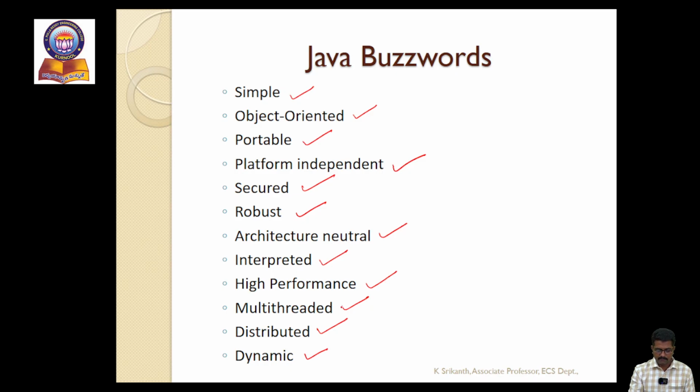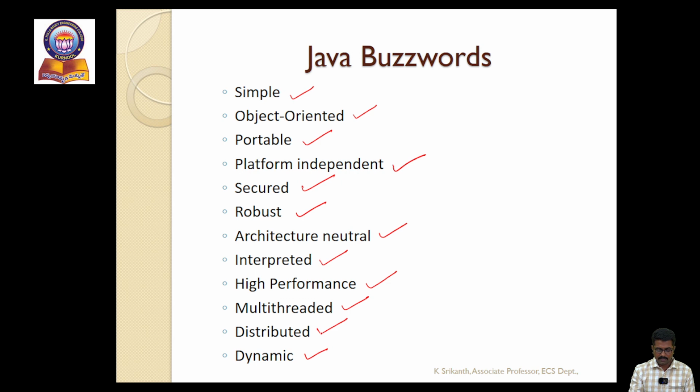When it comes to multi-threaded, we can divide our Java program into threads, and all threads are stored in a common area, and it is easy to switch between the threads because they are available within the common address.